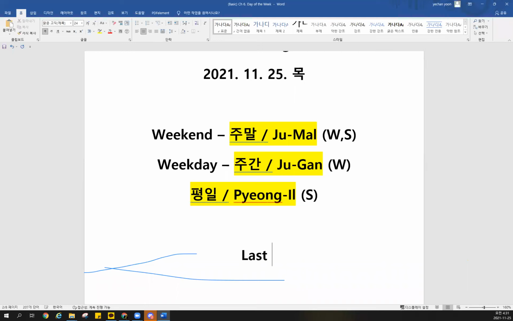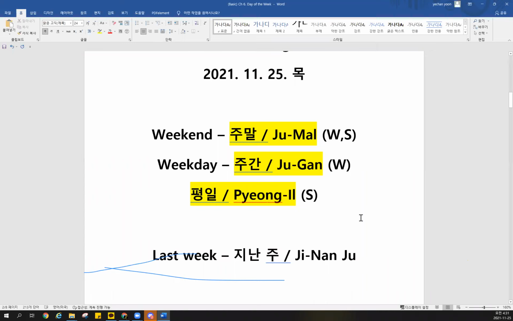Last week, you can say 지난 주. 주 is also a letter that describes the week. 지난 주. This is how you can write it.